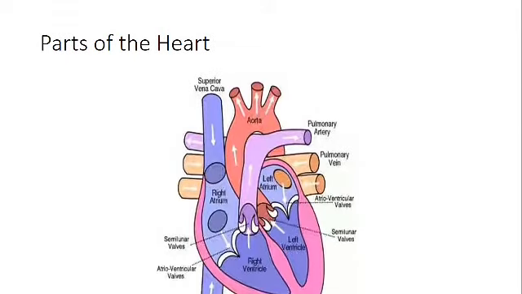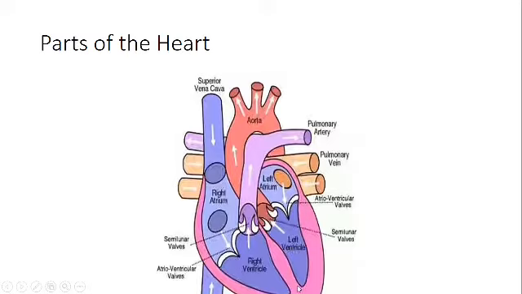Let's look at the parts of the heart. This animation represents the different anatomical parts of the heart. The arrows represent the direction of blood flow. The heart is made up of 4 chambers: the left atrium, the right atrium, the right ventricle, and the left ventricle.